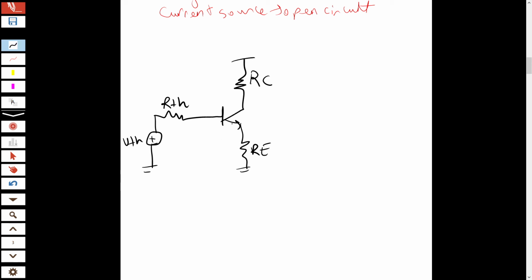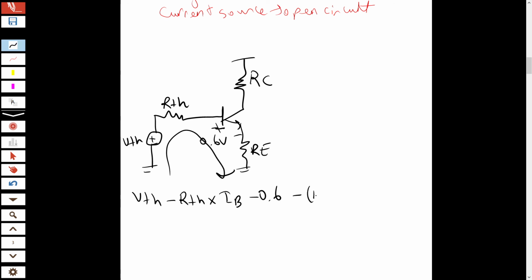So now it is easy. There is a voltage drop between base and emitter, 0.6 volt. Right now I will write KVL here. VThevenin minus RThevenin times IB minus 0.6 minus beta plus 1 times IB times RE equals 0.